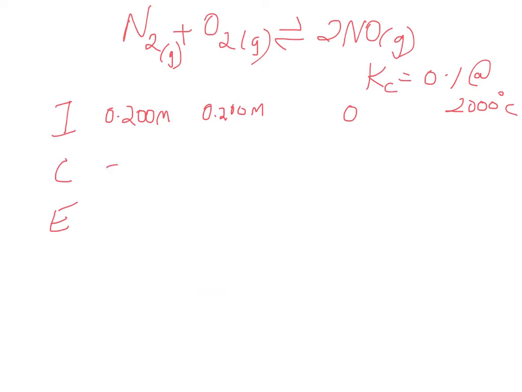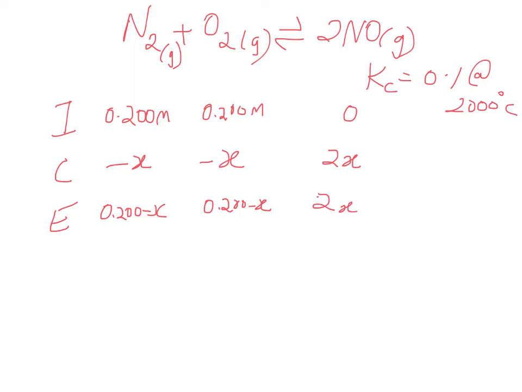And let's say x moles of N2 react with x of oxygen. 2x of NO will get formed. That would mean you have equilibrium concentrations that look like this.